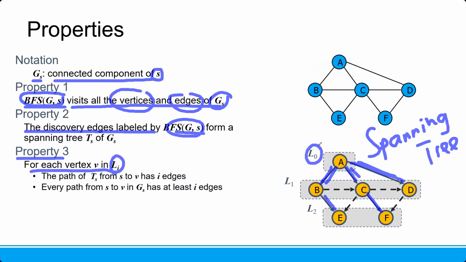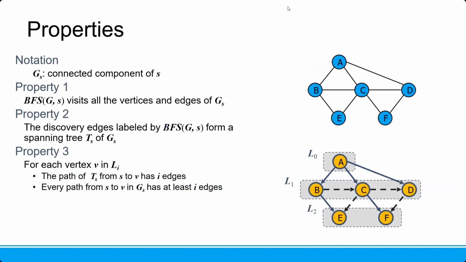When we have a vertex V in Li, L means the level. L0 is the starting node, L1 is the next level after the starting node, and L2 is another level after L1. For every vertex in Li, the path in the tree Ts from S to V has i edges.